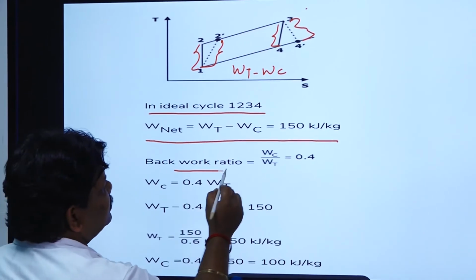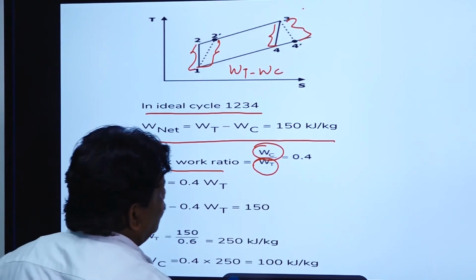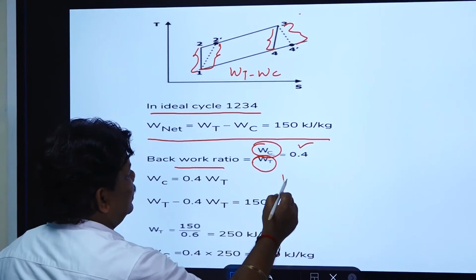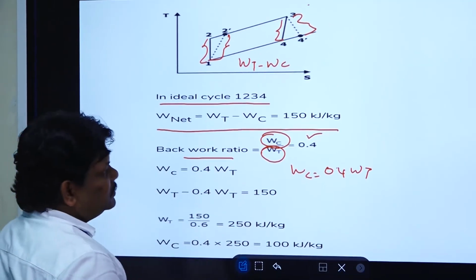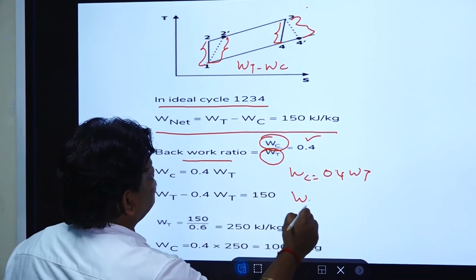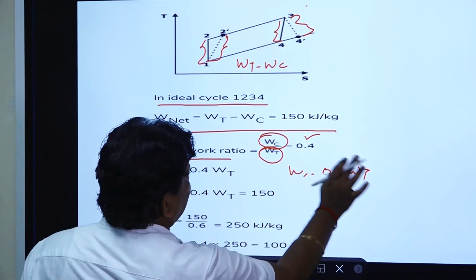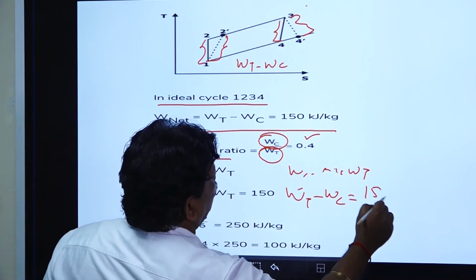And the back work ratio is given, that is Wc and Wt, the ratio between the work done by the compressor and the turbine. It is given as 0.4. So Wc is 0.4 Wt. We know that Wt minus Wc is equal to 150.